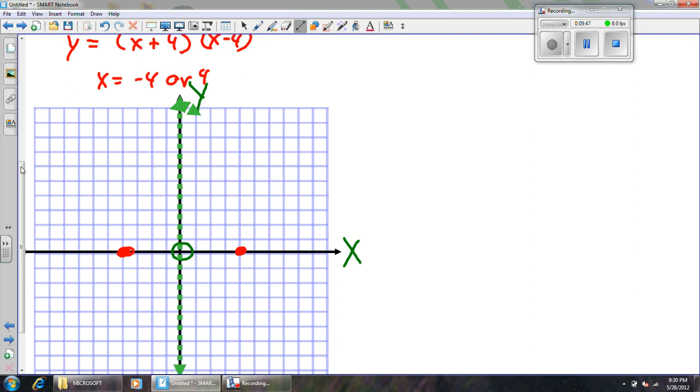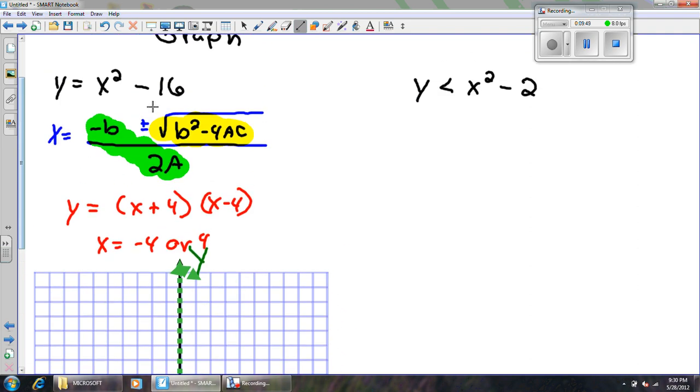But if I wanted to, I could use the highlighted green part, negative b over 2a. So I could put a would equal 1, b would equal 0, and c would equal negative 16. Now you see why I did that, because a lot of you would have said b was negative 16 and c was 0. Remember, b is the coefficient on x.